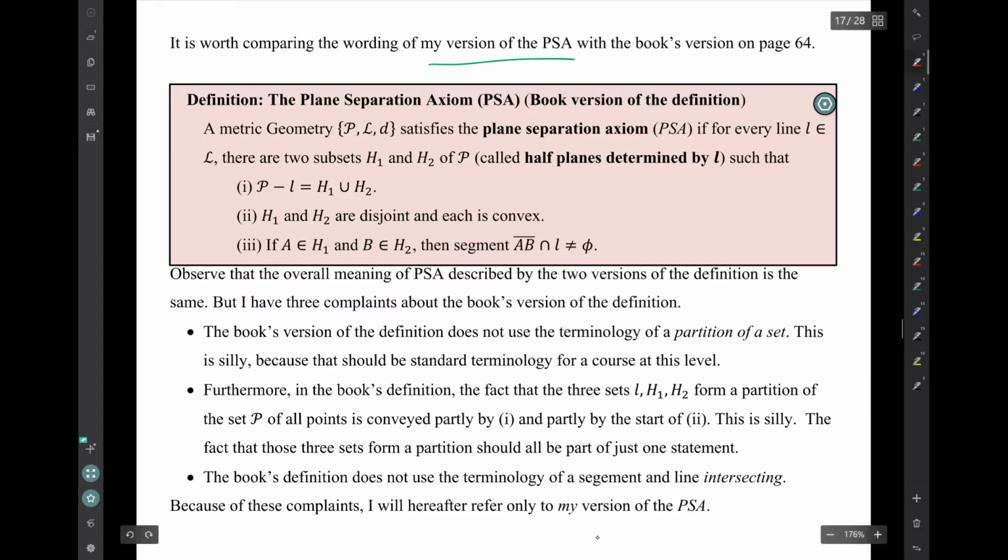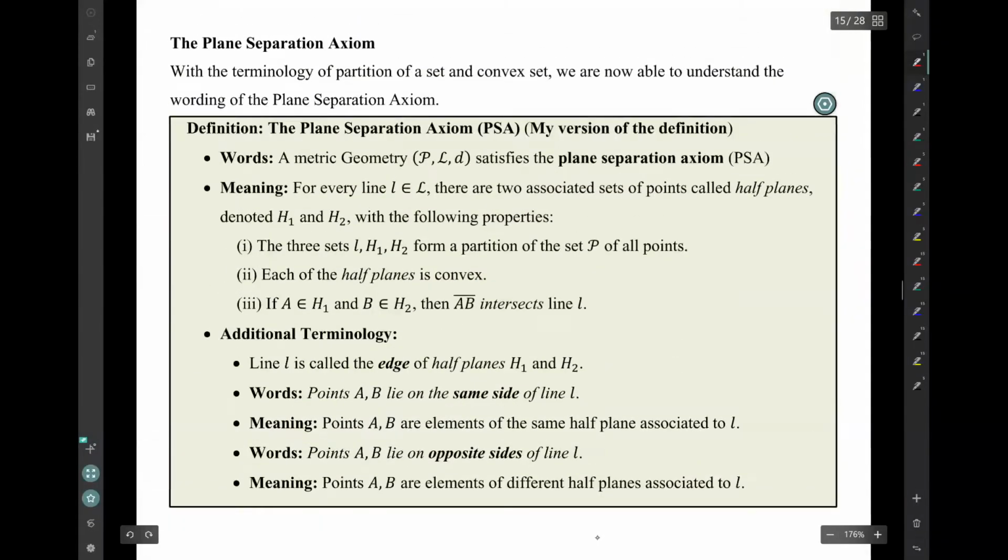First of all, the book's version of the definition does not use the terminology of partition of a set. Notice, there's no mention of the word partition. In my version, PSA 1 says these 3 sets form a partition of the set of all points.